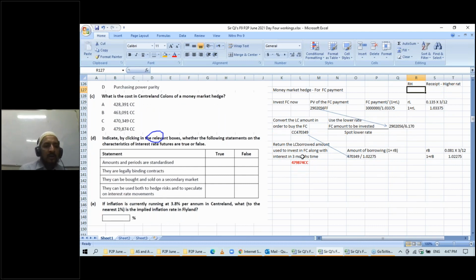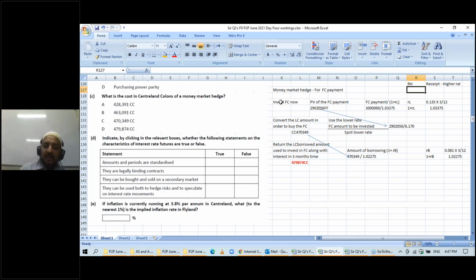Now let's move on to part D. The question says indicate. It's a request that please learn this strategy. They do ask money market hedge in the exam, so at least you are going to be tested for 2 to 5 marks on the money market hedge. So do learn the strategy which I have given you.